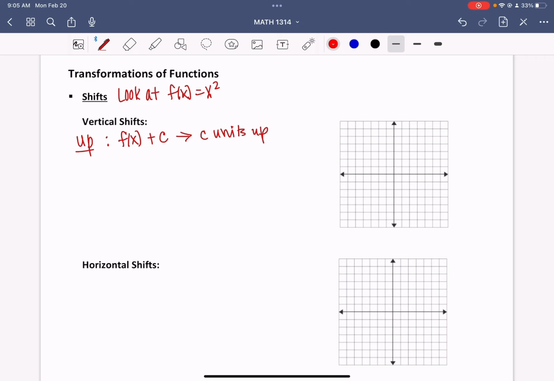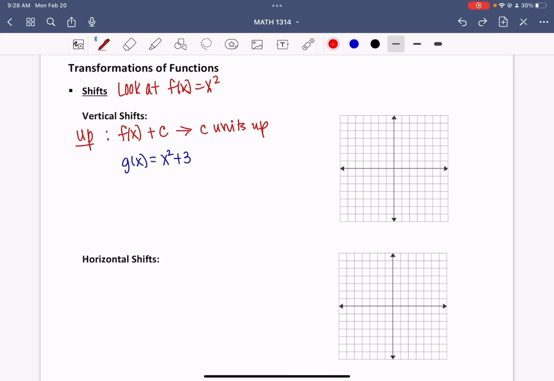An example of this would be if I were to take, say, g of x being equal to x squared plus 3. It looks something like this. What the plus 3 is going to do is move every single point on the red line up 3. So I get something that looks like this.